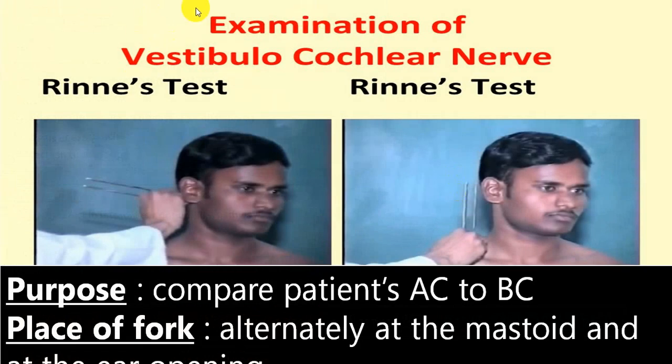So this will be the Rinne's test. First, this is bone conduction. This is air conduction. If air conduction is better than bone conduction, it is normal. If bone conduction is better than air conduction, it means middle ear disease or a disease of conductive deafness, or conductive defects. And that will be very common in the external auditory canal or middle ear.